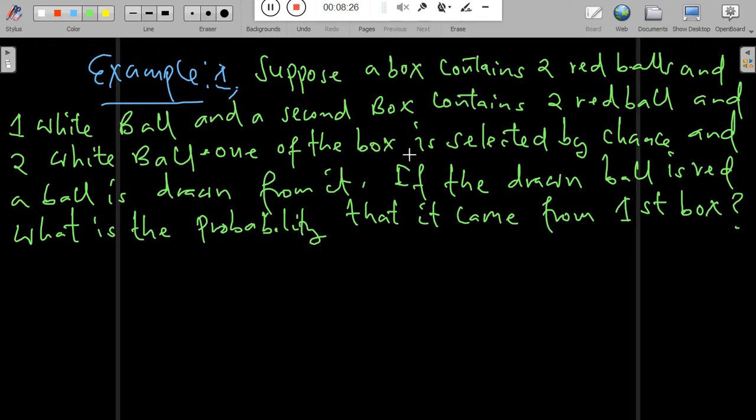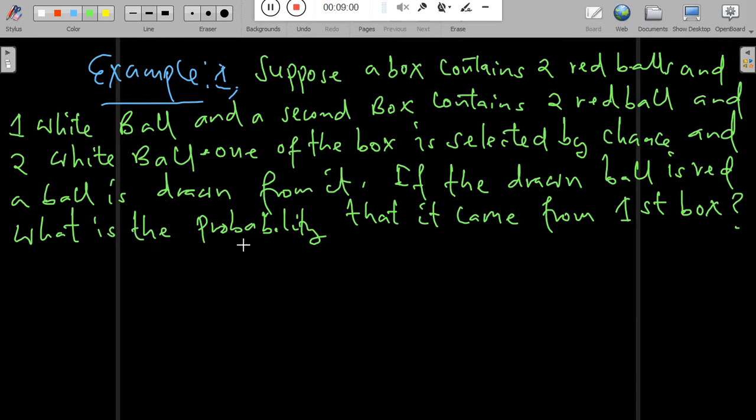If the drawn ball is red, what is the probability that it comes from the first box? Let us repeat once again. Suppose a box contains 2 red balls and 1 white ball, and the second box contains 2 red balls and 2 white balls. One of the boxes is selected by chance and a ball is drawn from it. If the drawn ball is red, what is the probability that it came from the first box?